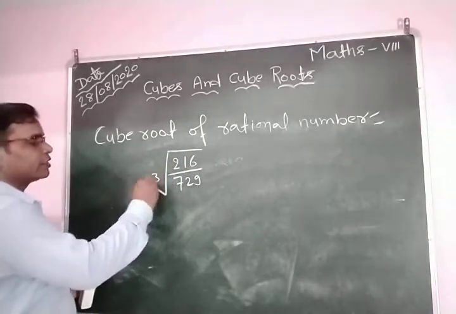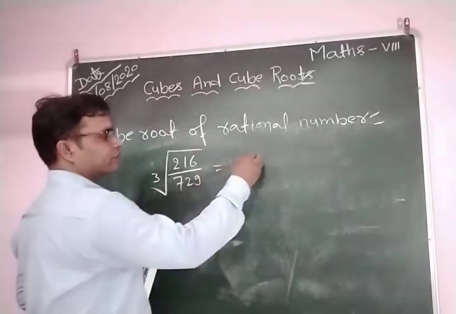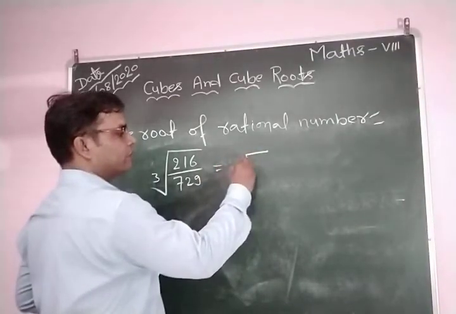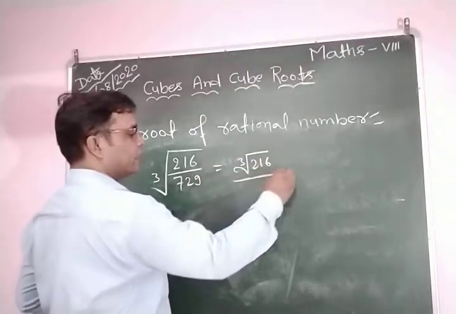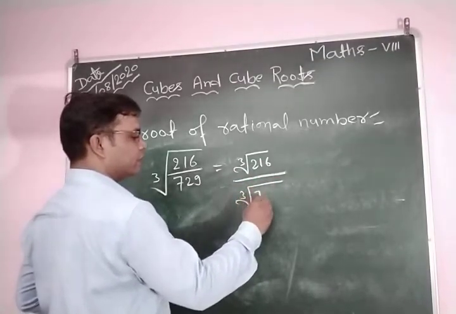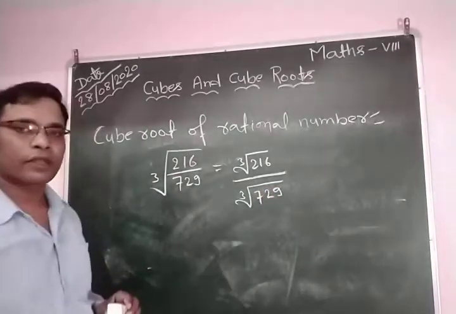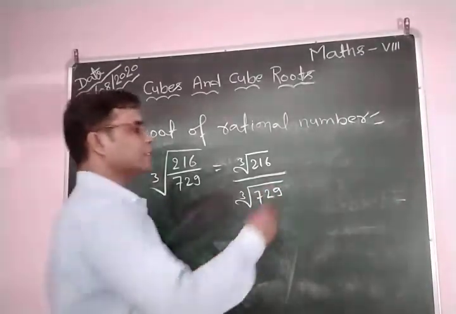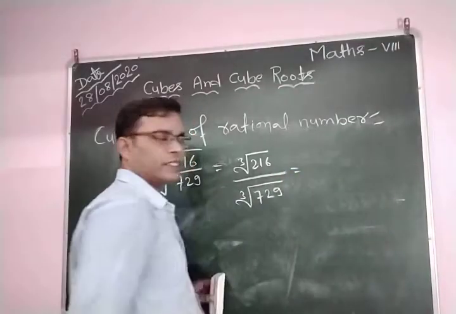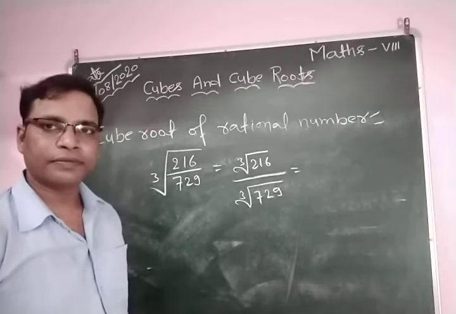Okay, this is the cube root. First you can write it like this: cube root of 216, and this is the cube root of 729. So you can express 216 as a product of prime factorization.